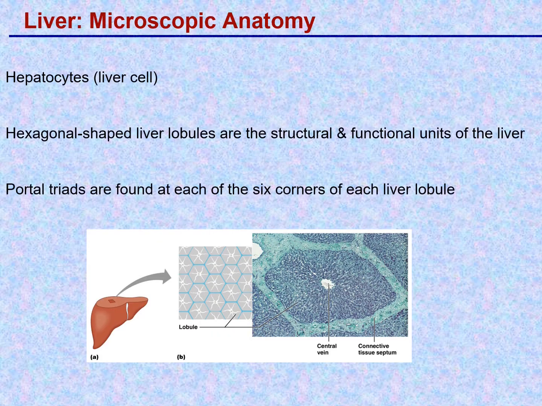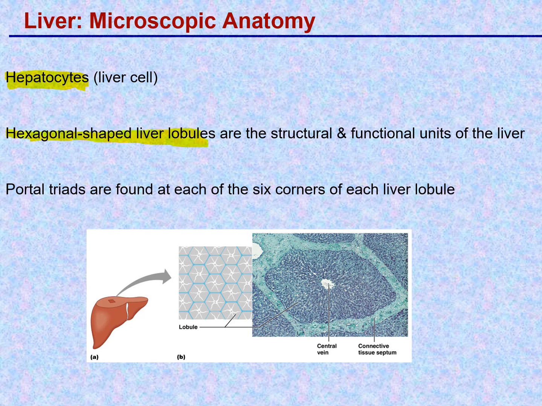Now the anatomy of the liver at a microscopic level is interesting. The main bulk of the tissue of the liver is made up of cells called hepatocytes. That's the proper name for liver cells. You can call them liver cells, but they're hepatocytes. The overall structure that you see throughout the liver are these 6-sided lobules.